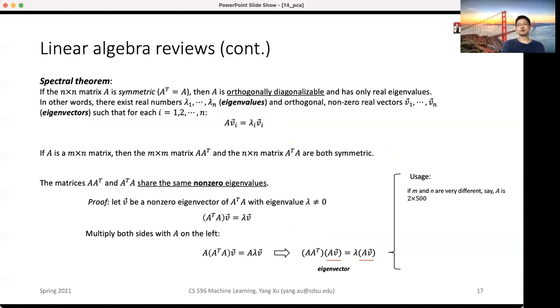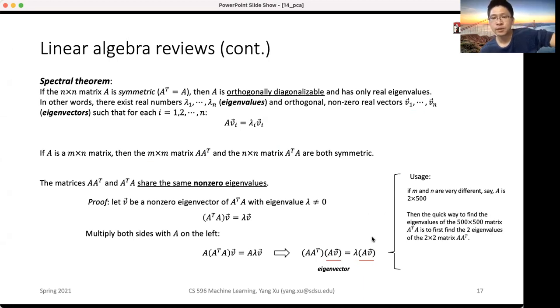So if your n is much larger than m, then you have a very thin matrix A, 2 by 500, for example. Then A transpose is 500 by 2, and times A it results in a 500 by 500 matrix.